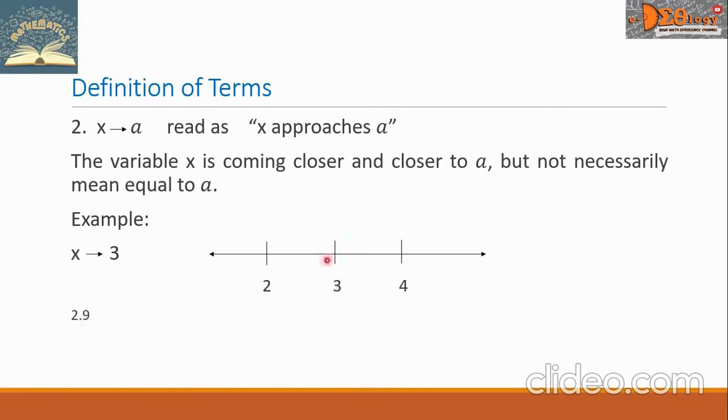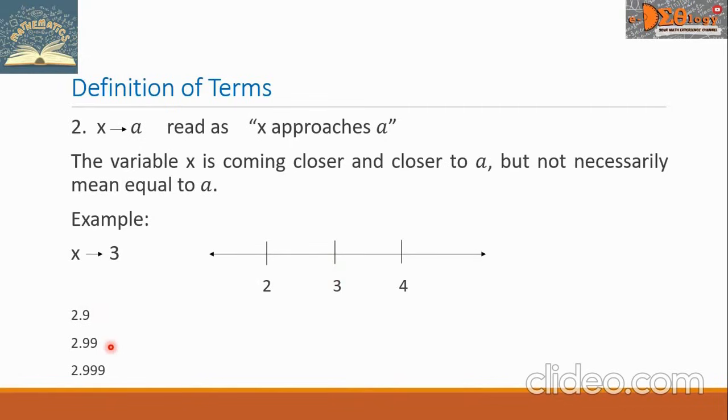This 2.9 is close to number 3. I have another example, and that is 2.99. This number is closer to number 3 than 2.9. If I think of another number, I will write 2.999. This number is closer to number 3 than the two numbers mentioned before.